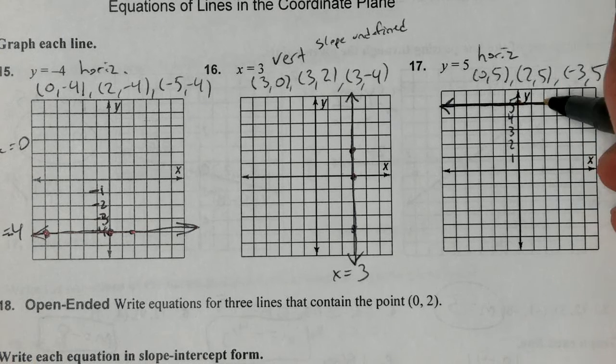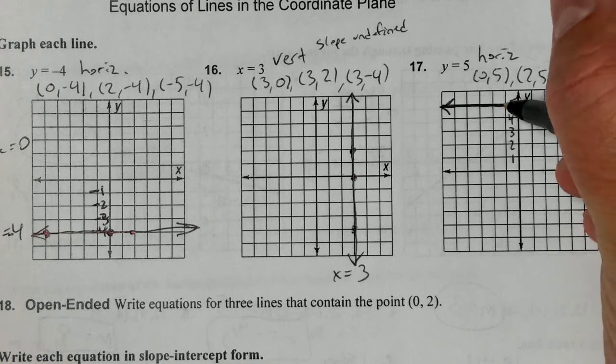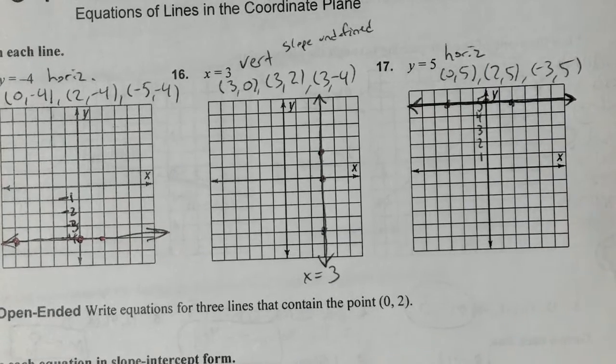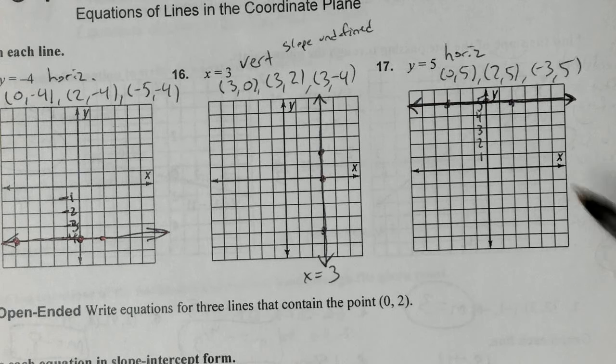Anything ending with a 5. So the reason why I'm listing points is to help you remember what it means. If it's y equal 5, the y coordinate is 5. It doesn't change. Any questions?